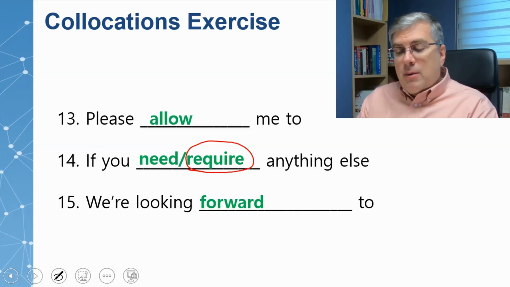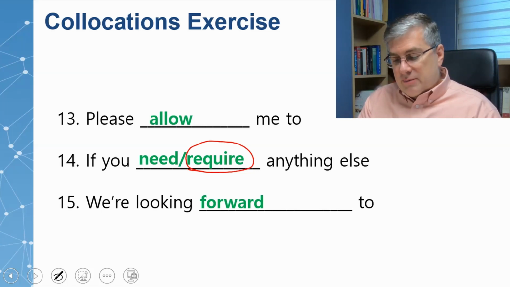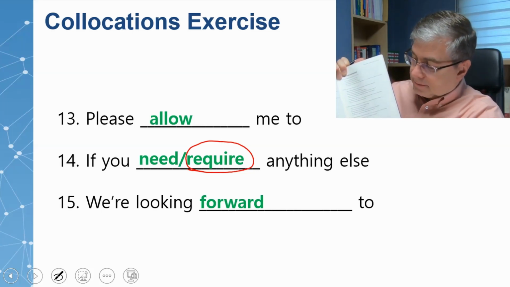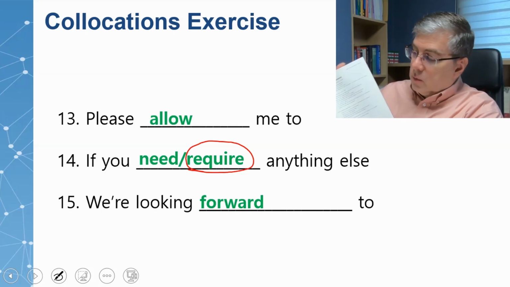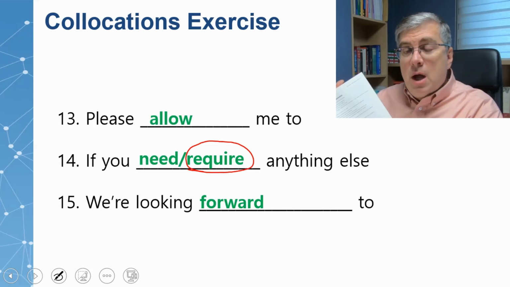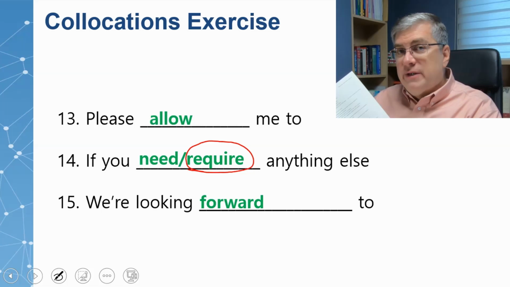And by the way, in the book, at the end of this expression, I did make a note for you. We're looking forward to, and then verb ing or event. So what are a couple of examples? We're looking forward to verb ing. We're looking forward to meeting you. We're looking forward to listening to your presentation.